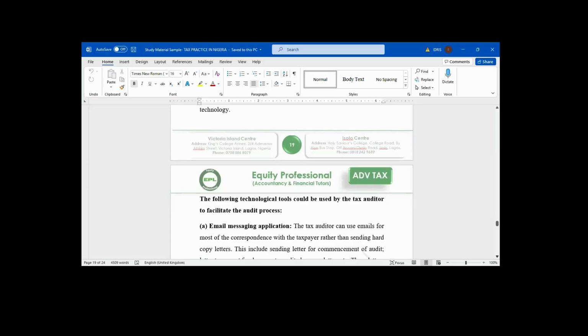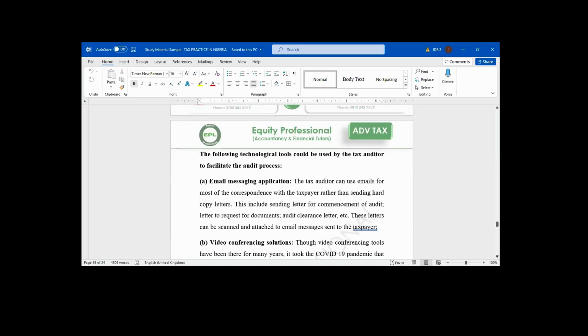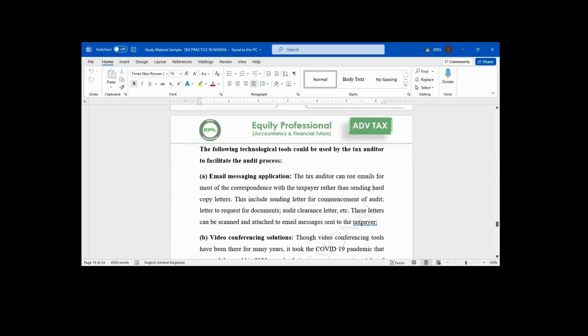That Gmail, that Yahoo Mail is evidence on its own that I have asked you this information. Come and see my sent message. The taxpayer too will respond to them via email or Gmail. It's one of the technology tools used by the tax auditor. Email messaging application.